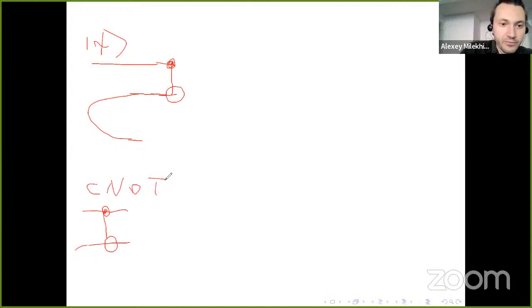It means that if I have 0 here, then the state... Should I write this down? Let's call this A.